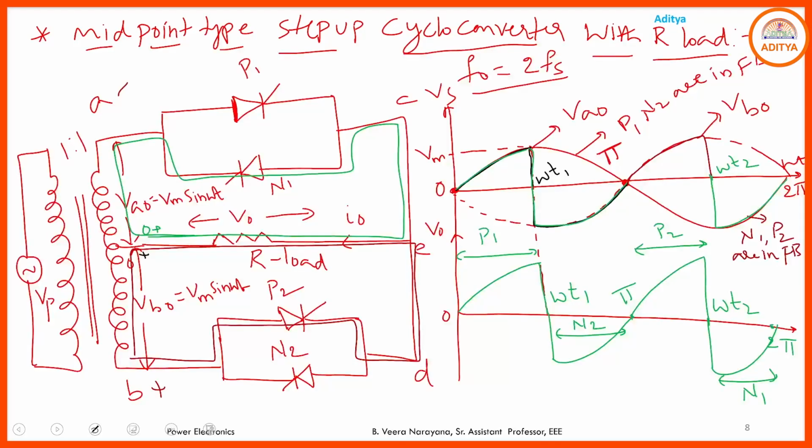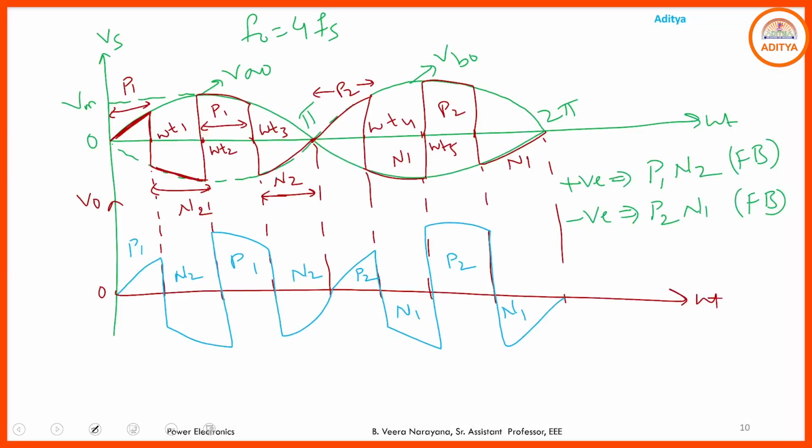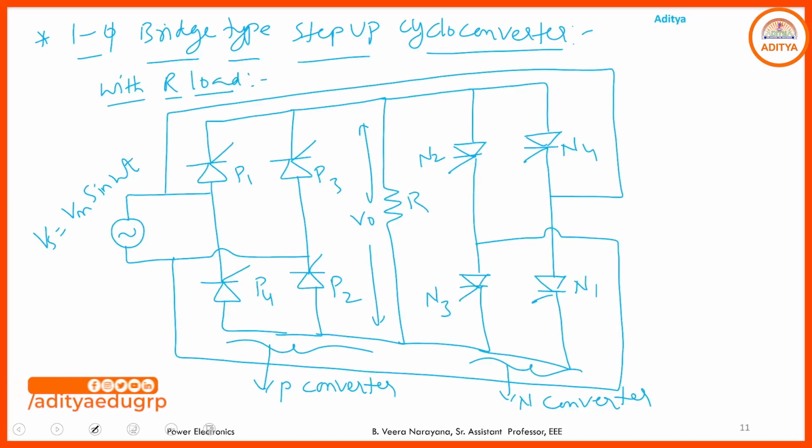I just want to collect this output voltage waveform. F0 is equal to 2Fs. Then what happens here? During the positive half cycle of the supply, this is taken as A, B, and this is considered as A dash, B dash. During the positive half cycle of the supply, what happens? Terminal A is positive and B is negative.